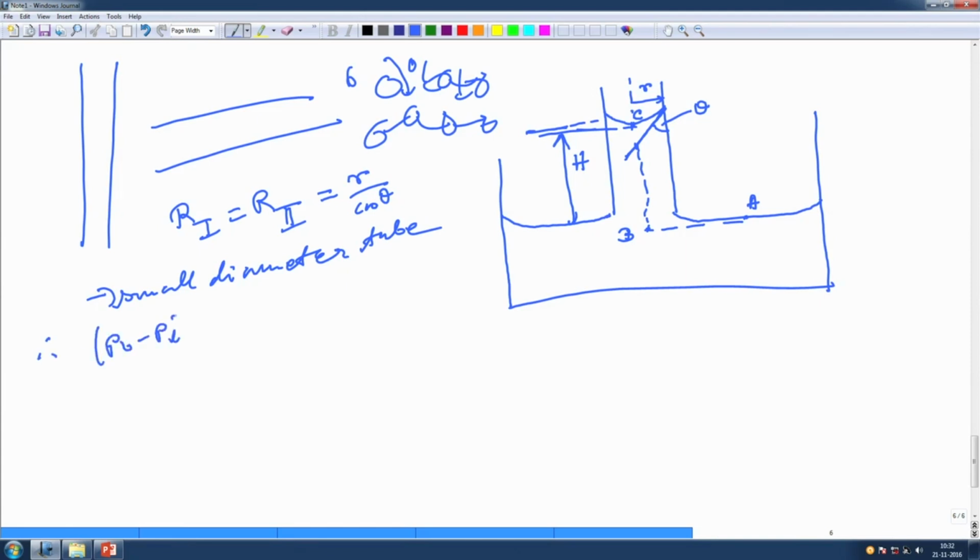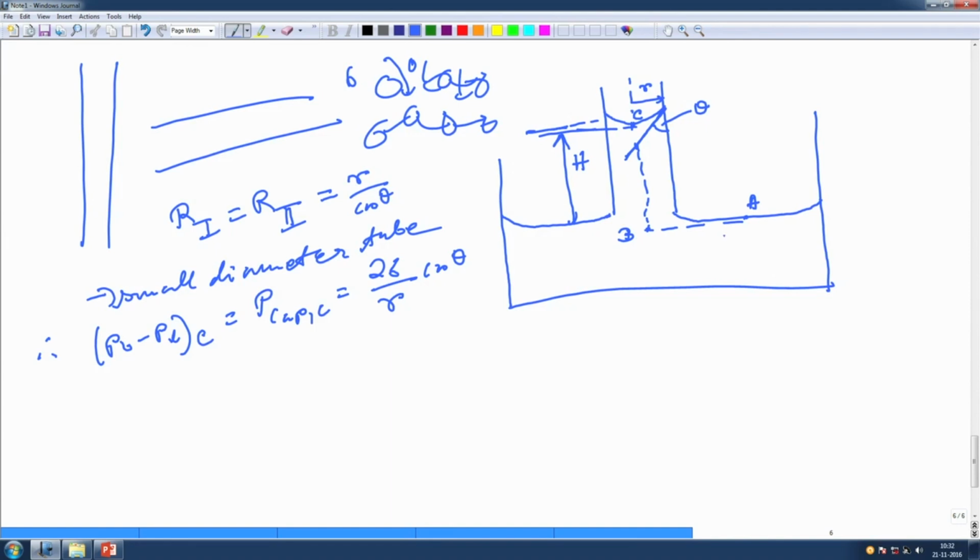Now, therefore, PV minus PL, the capillary pressure at C, is given by 2 sigma by R cos theta. If R is divided, it is 2 sigma by R, where R is this R by cos theta. So, you can imagine what it is.